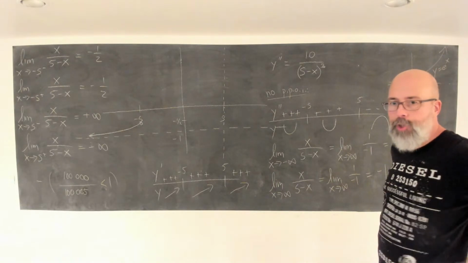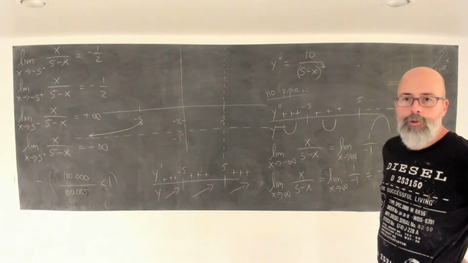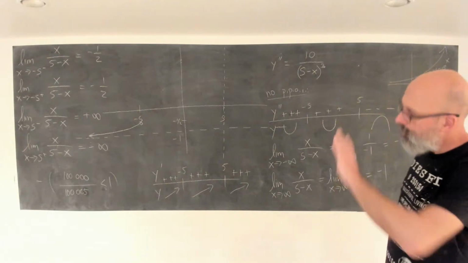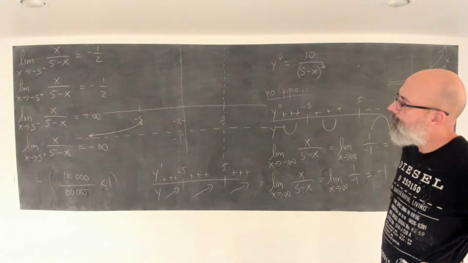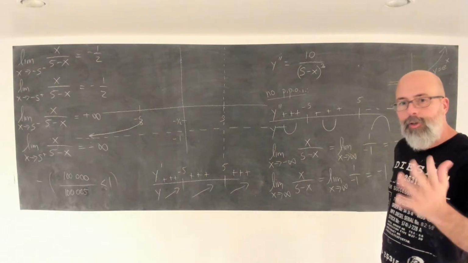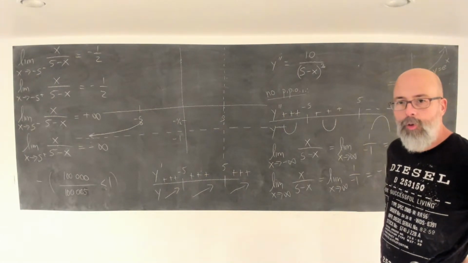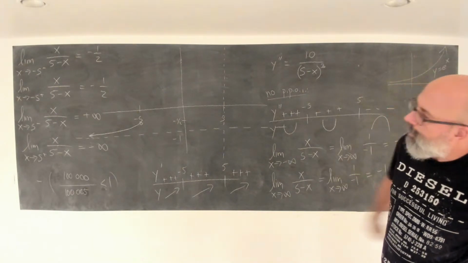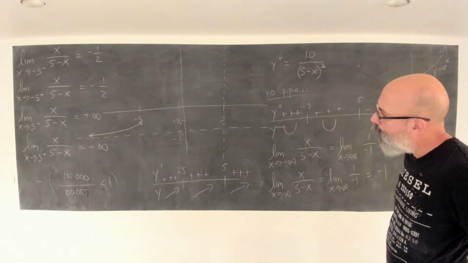And as Matthew suggests, horizontal asymptote should only be followed in the end behavior, right? It's a behavior for large values. But even then, it could still cross a horizontal asymptote. I'll give you an example of that in a moment.